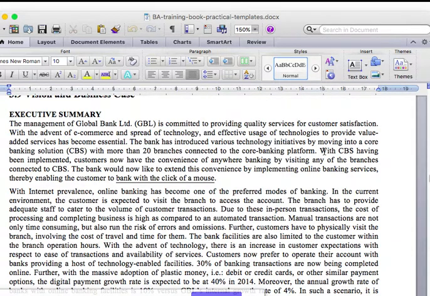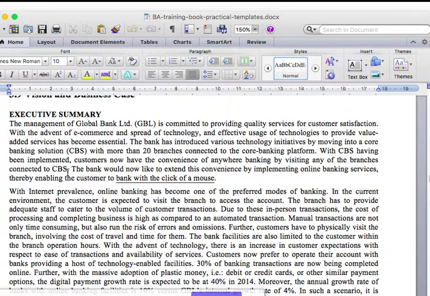Now here it is with CBS, meaning central banking systems or solution having been implemented. Customers now have the convenience of anywhere banking by visiting any of the branches connected to central banking systems. Means the bank already had a centralized banking system where you can go to any branch and bank.